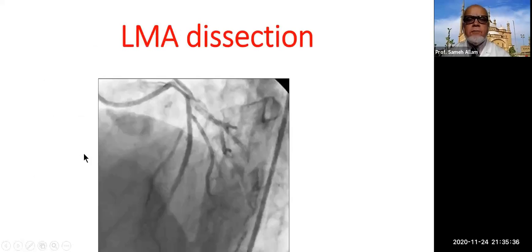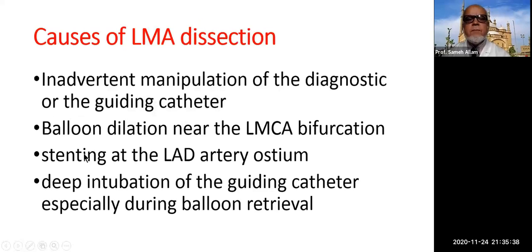We will move to left main artery dissection, because in the patient we have, if she didn't have an ultra short left main, the dissection could have happened in the left main artery.